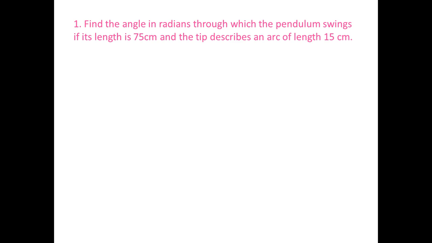Now we have to find an angle through which the pendulum swings if its length is 75 centimeter. Here length of pendulum is our radius and tip describes an arc of length, arc of length is length of arc, 15 centimeter. So let us find out our angle.